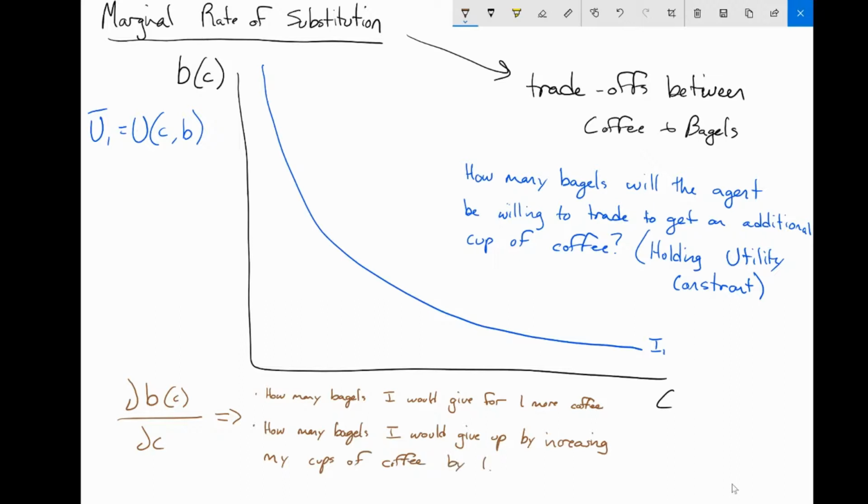All right, so how many bagels I would give for 1 additional unit of coffee, or how many bagels I'd have to give up by increasing my cup of coffee consumption by 1. All right, so this is the marginal change. This is the marginal change in bagels given a marginal change in coffee. We call this the marginal rate of substitution. Marginal, that means it's changing on the margin. It's a derivative.